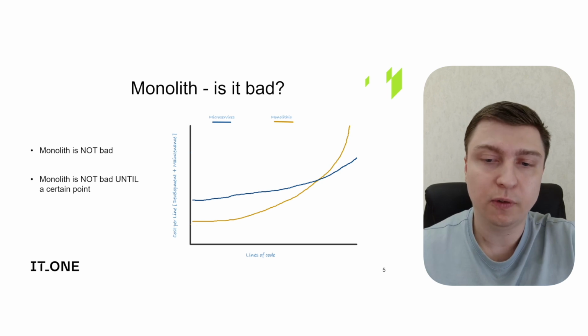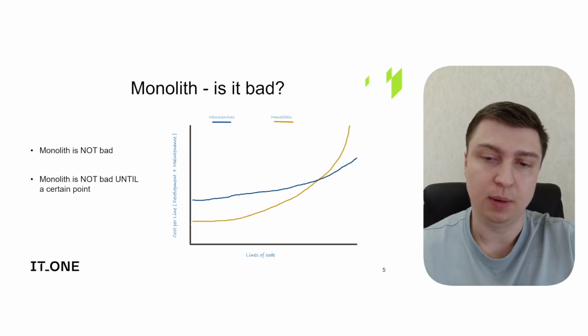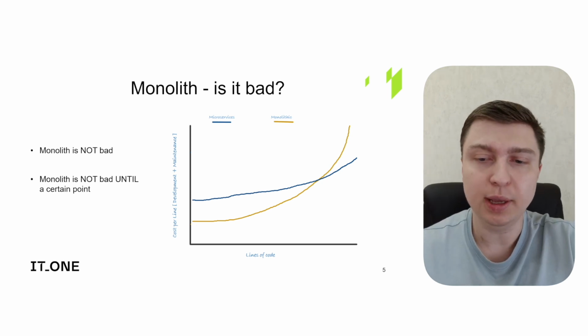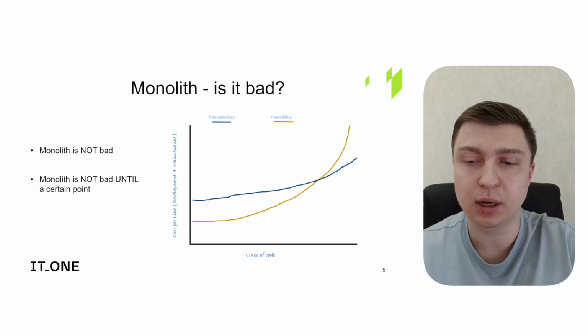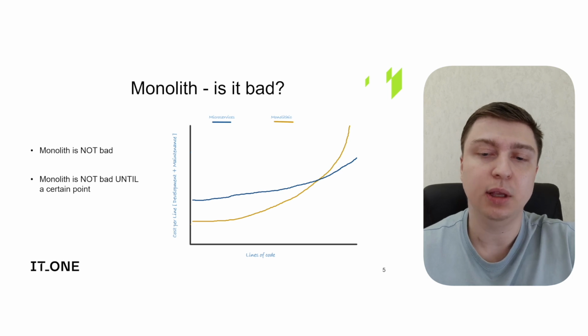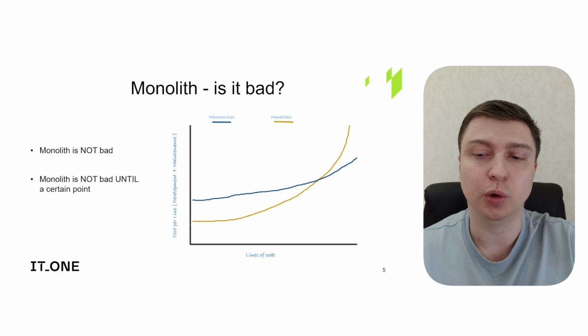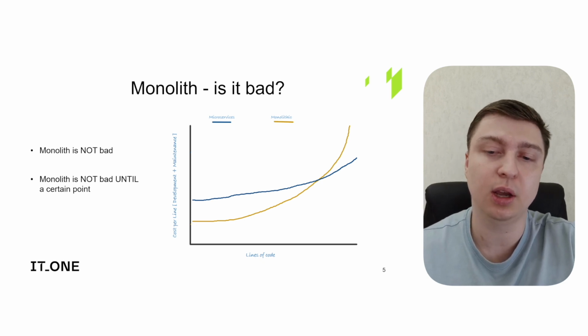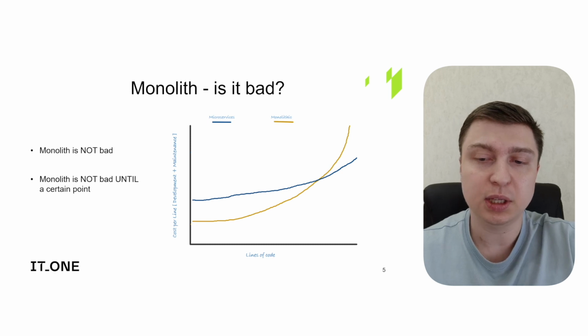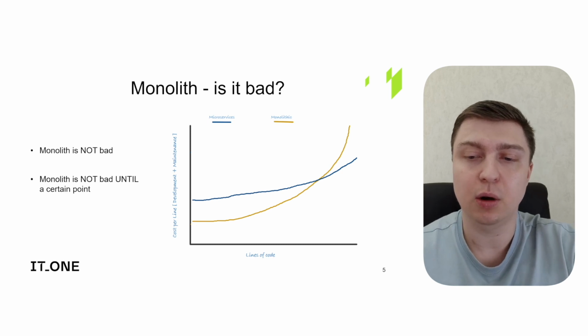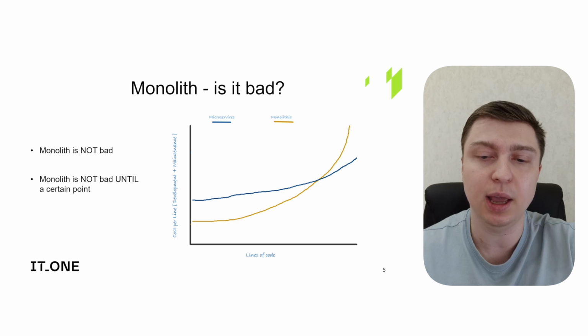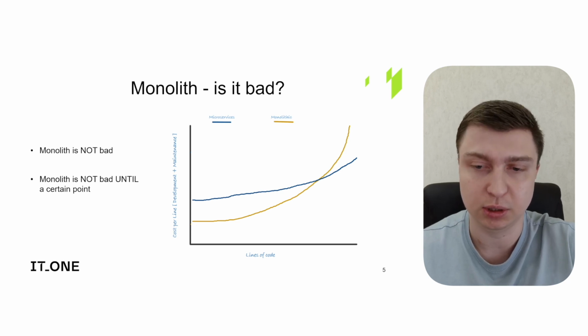The yellow curve is the monolithic approach. Initially, it's pretty cost effective. Everything is in one place and it's easy to manage. But as the lines of code increase, you can see a sharp uptick in the cost. This is emblematic of the challenges in scaling and maintaining a monolithic application.